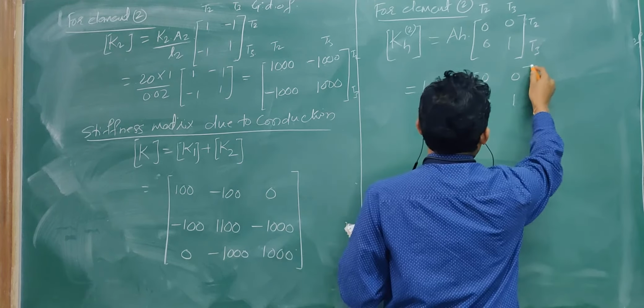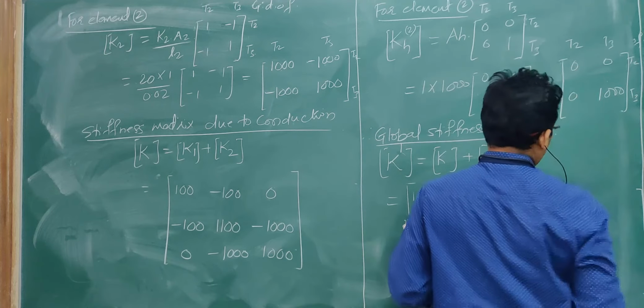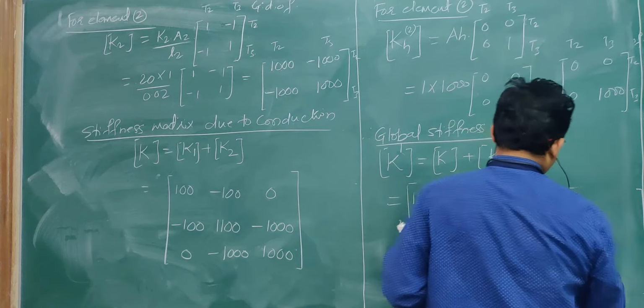And this plus, again I'll write it in 3 by 3 form: for the KH stiffness matrix, 1 1 is 0, 1 2 is not present, 1 3 is 0, 2 1 is 0, 2 2 is 0, 2 3 is 0, 3 1 is not present so it is 0, 3 2 is 0, and 3 3 is 1000.